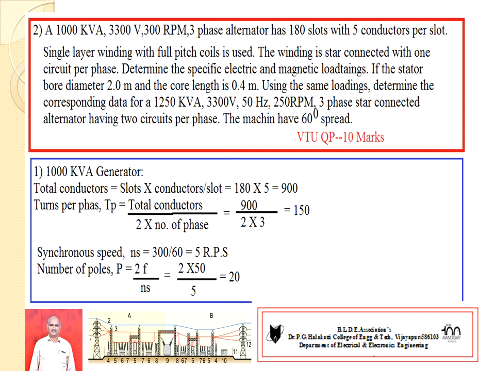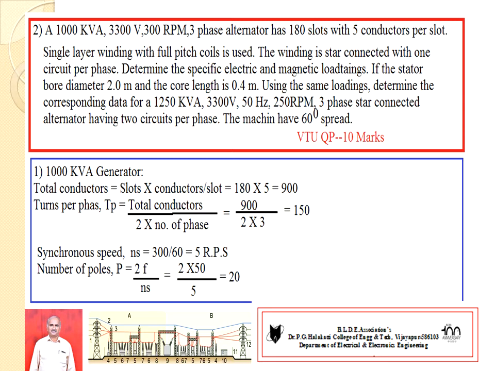If stator bore is 2 meter and core length is 0.4 meter, using the same loading, determine the corresponding data for 1250 kVA, 3300 volts, 50 Hz, 250 rpm, 3-phase star connected alternator having 2 circuits per phase. The machine has 60-degree spread.